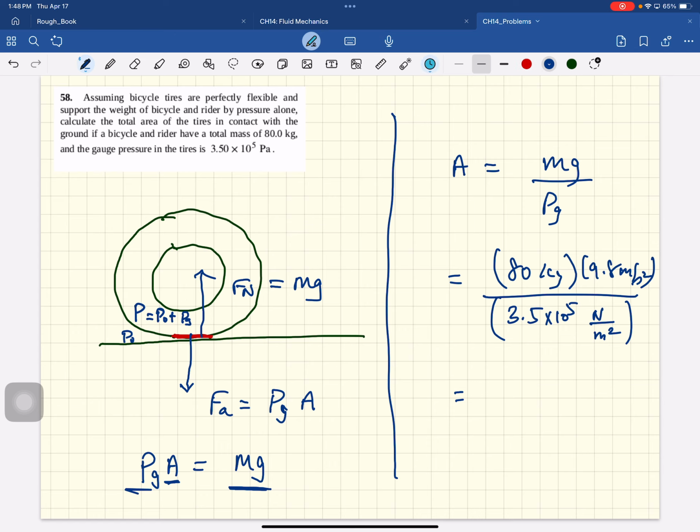And what we'll do is we'll borrow 1, so we'll make this 35 times 10 to the power 4. That'll come to the top.